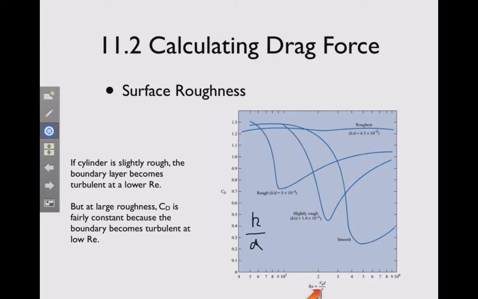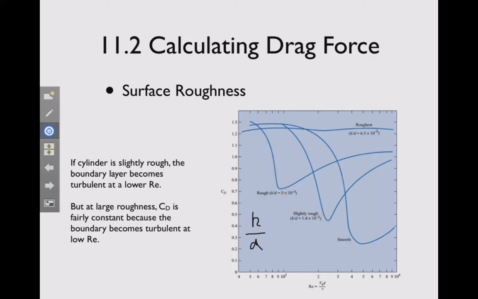Again, note that the Reynolds number is being calculated as the free stream velocity times little d, which is the diameter of the cylinder now, divided by the kinematic viscosity. So little d is the relevant dimension here for the Reynolds number. We've got a series of curves here, starting with the smoothest. You can see that this is what the drag coefficient looks like for a smooth cylinder. And as we get rougher and rougher, the drag increases as you go back in this direction.